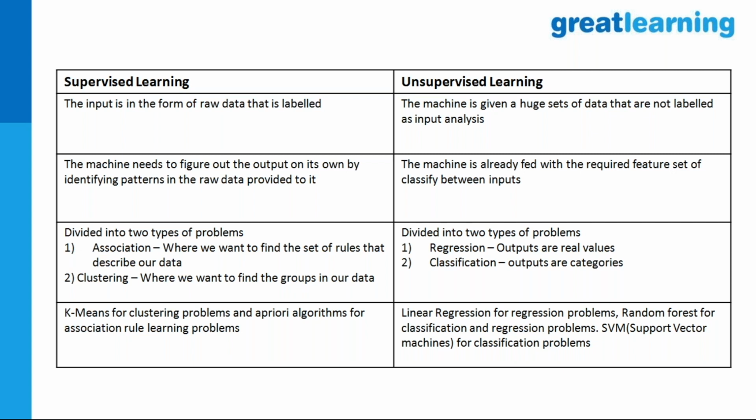In unsupervised learning, we have k-means for clustering problems and Apriori algorithms for association rules learning problems. Linear regression for regression problems, random forest for classification and regression problems, and support vector machine for classification problems can be used.